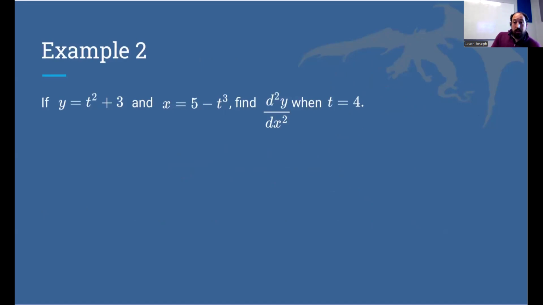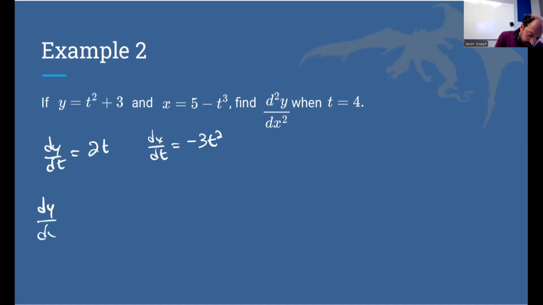Oh, good. It's the same example from before. So let's just remind ourselves, dx dt was minus 3t squared. dy dt is 2t. And dy dx is 2t over minus 3t squared, which is minus 2 over 3t. That's dy dx.